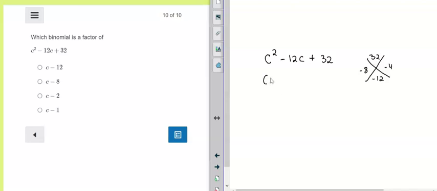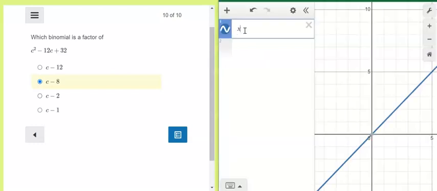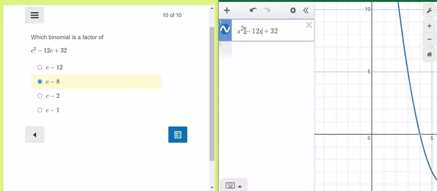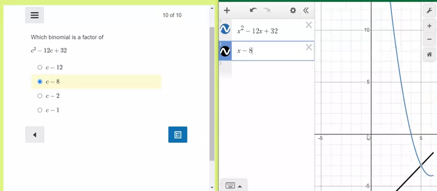So the factors are going to be C minus 8 and then C minus 4. So this is a factor. And if I'm trying to put this in Desmos, I can go ahead and look at it. Change that into an x. And then just check x minus 8 is a factor right there.